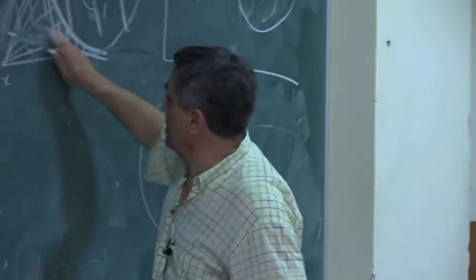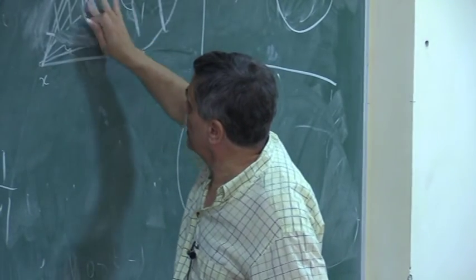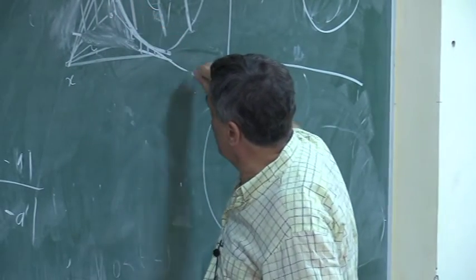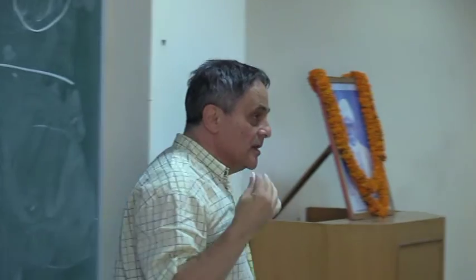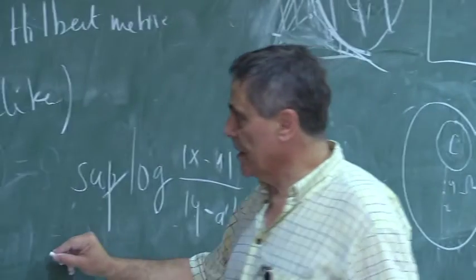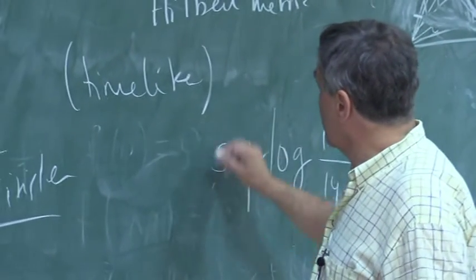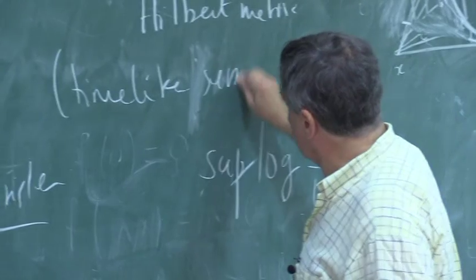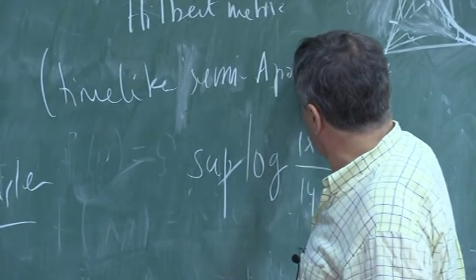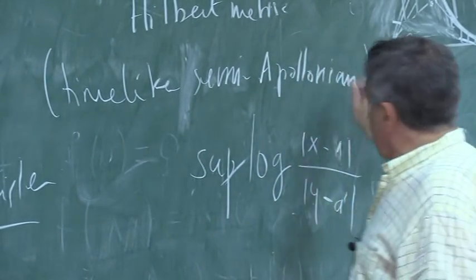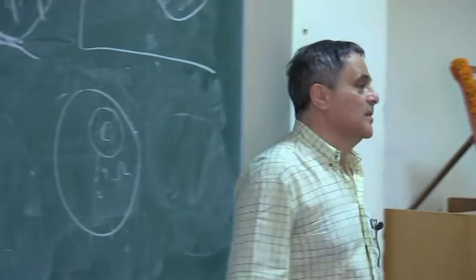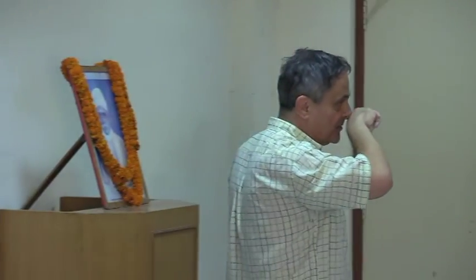See, if I take here, there's some geometry of concave sets which you have to deal with. Anyway, this is something which I never tried to figure out. This is a time-like semi-Apollonian, which if somebody has time and has the will, he or she can study this.